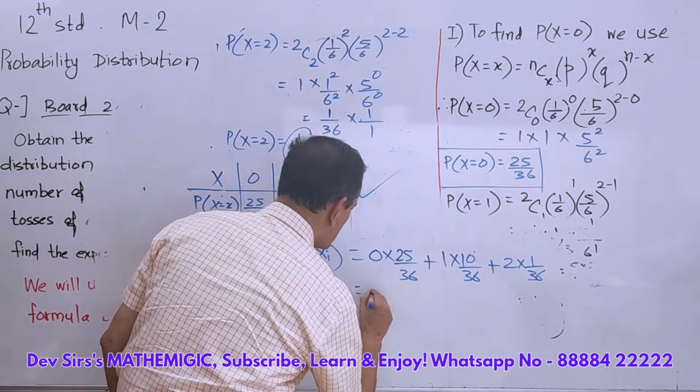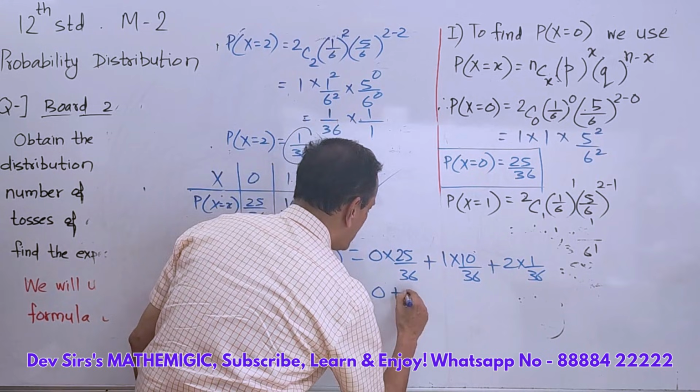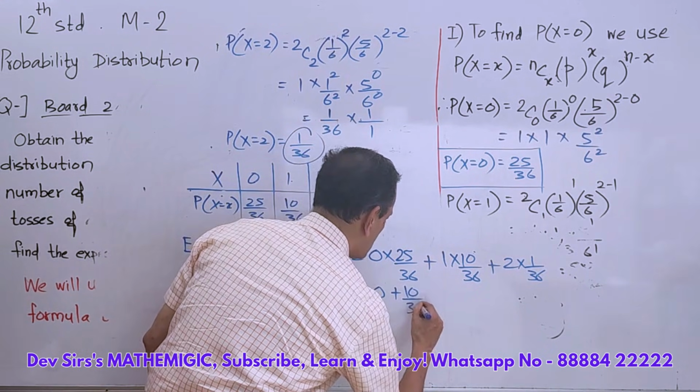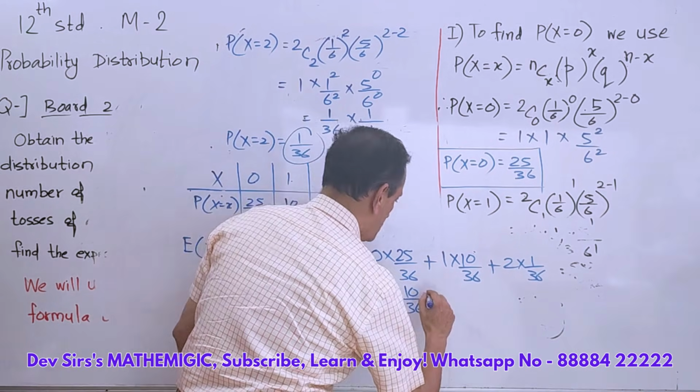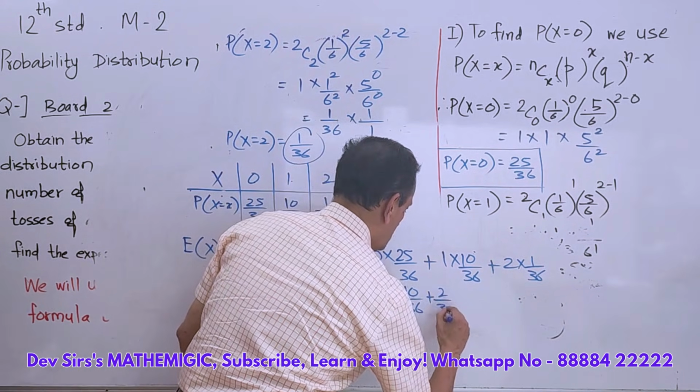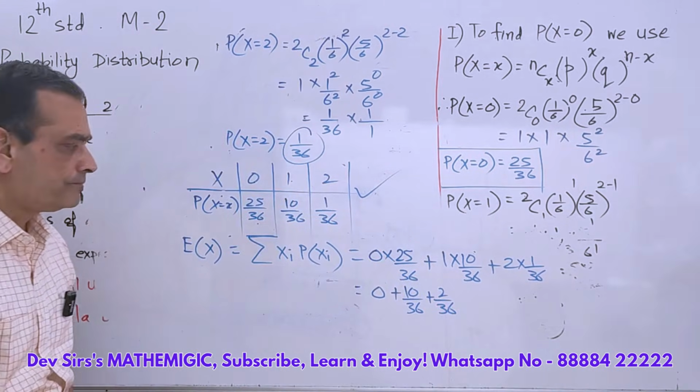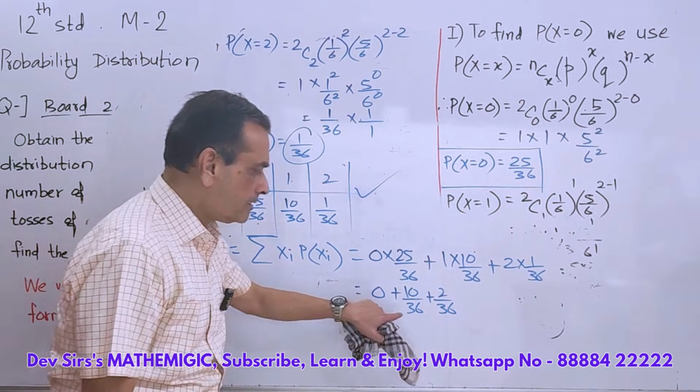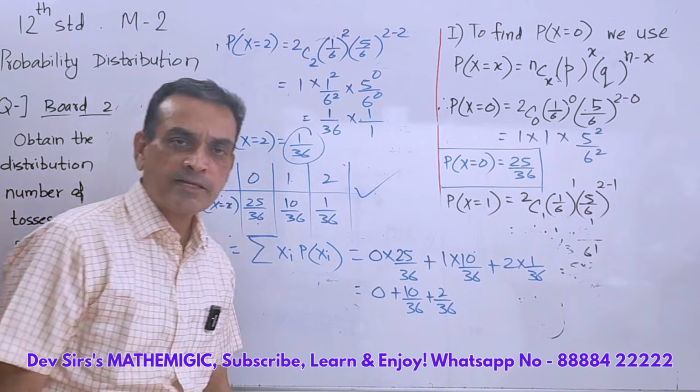So 0 into 25/36, 0. 1 into 10/36, 10/36. 2/36. अभी यहाँ पे 36 है, यहाँ पे 36 है.